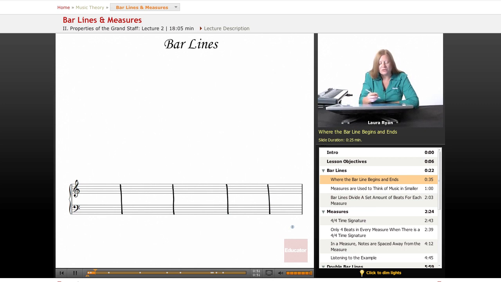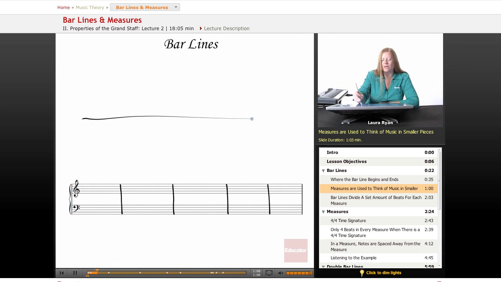Remember how the staff only has 5 lines? 1, 2, 3, 4, 5. And 4 spaces. The measure is a way for us to divide this space up so that we can think of the music in smaller terms.